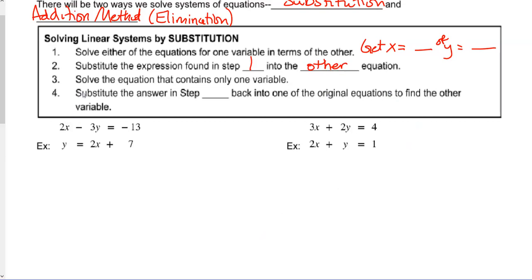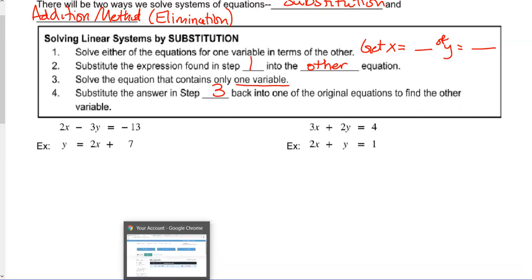What's going to happen is that you're going to get an equation that only contains one variable, not both x and y, but just an x or just a y. And when you solve that equation, you're going to get something like y equals 2. Then we're going to take that answer and put it back into one of the original equations to find the other variable.